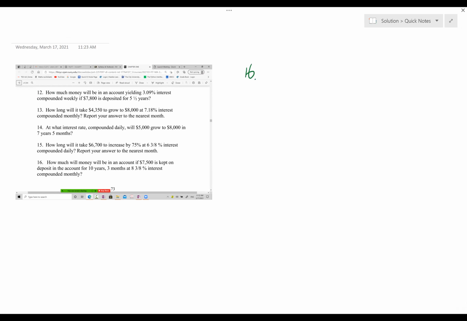So you're looking for the ending balance. Will means it's in the future, so we're talking about future value.